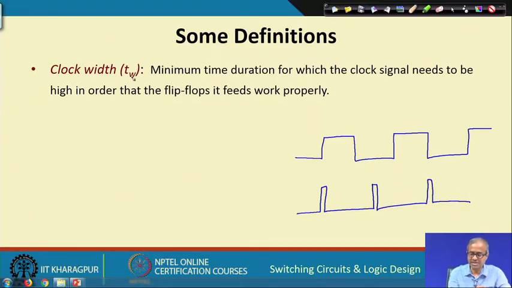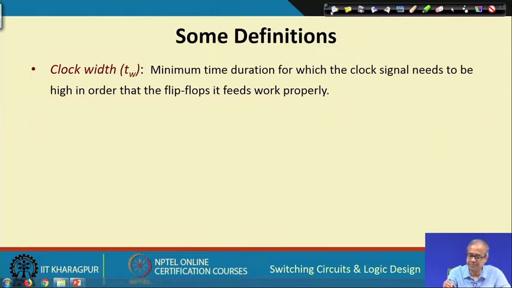Now, this clock width constraint says what must be the minimum time duration for which the clock signal should be high, it is this duration, this time is T w, right. So, there is a minimum duration of the clock pulse width which should be there in order for the flip flop to work properly. This is the clock width constraint.